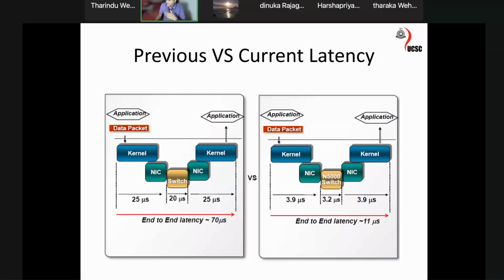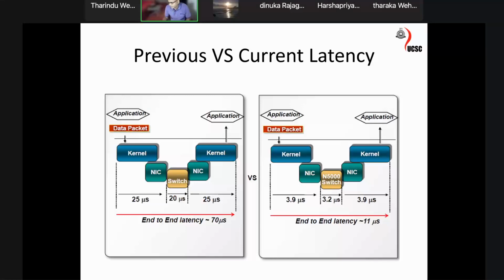Usual network cards just forward the traffic and are cheap, less than $200, but smart NICs cost more than I think $1,000. So there are low latency smart NICs. You can get these numbers by using smart NICs and further tuning of your operating systems for low latency, tuning the server BIOS, and selecting the cut-through switches, which is called Nexus 5000 in this case.